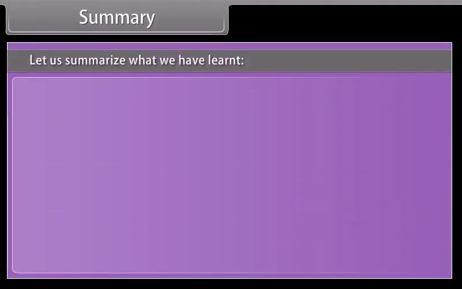Summary. Let us summarize what we have learned. If A is equal to [a_ij] m by n, then A dash or transpose of A is equal to [a_ji] n by m.